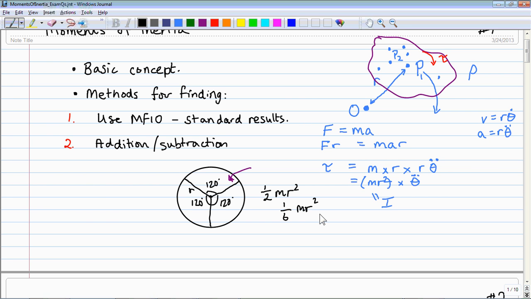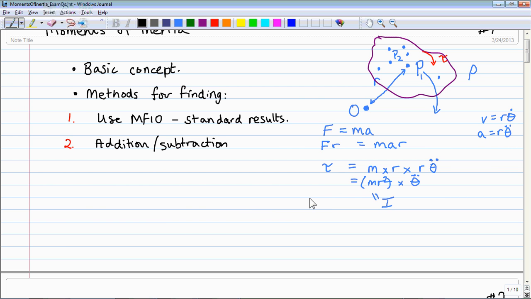So I've just realised that's not really subtraction, is it? It is in a sense, in the sense that we're taking 1/2 and we're subtracting 2/3. But really, this example, which is a very good example, is nevertheless more related to the third method I wanted to mention for ways to find moments of inertia. And the third method would be, well, you can call it what you like, it doesn't have a name, but symmetry.